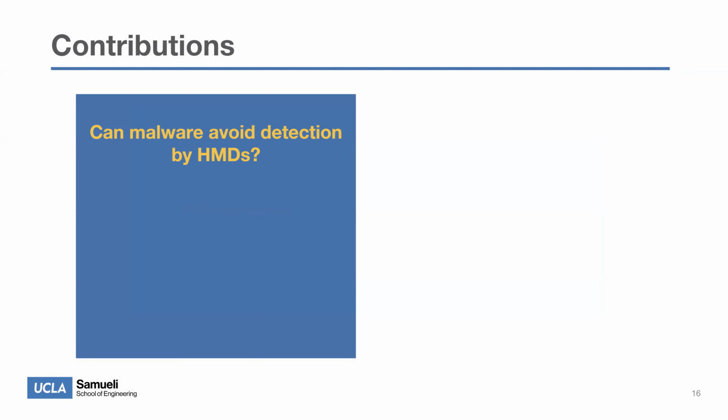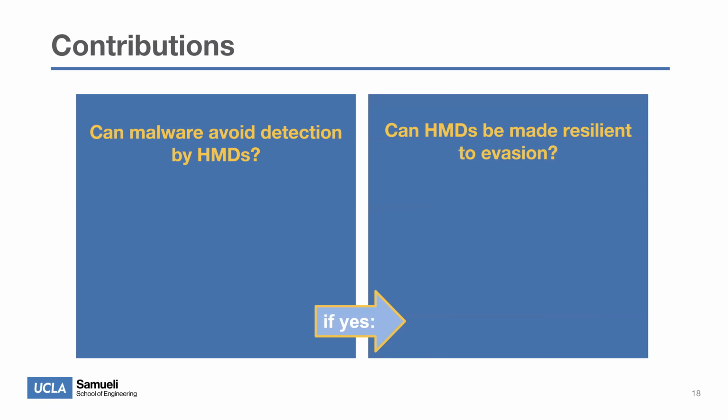There are two major contributions in this paper. In the first part, the paper explores whether attackers can adapt and create evasive malware to avoid detection by HMDs. If the answer is yes, then in the second part, the paper investigates whether HMDs can be made resilient to evasive malware.